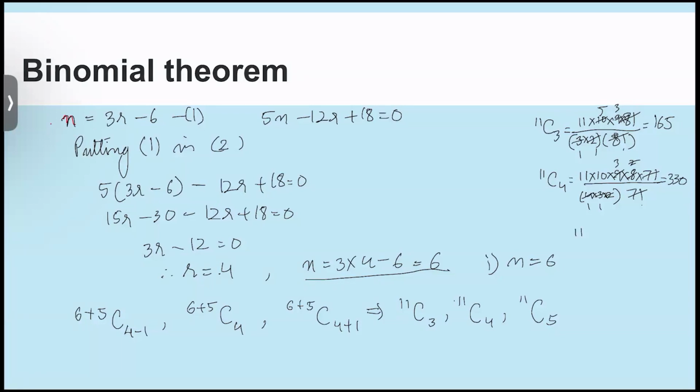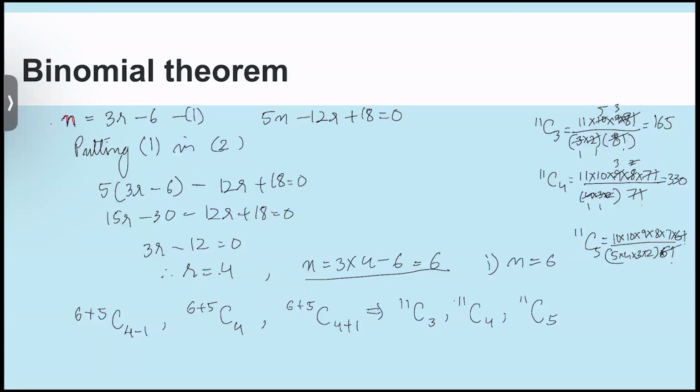And the last coefficient that we have is 11c5. So that would be 5 into 4 into 3 into 2 multiplied by 1, and 11 minus 5 is 6 factorial. So you have 11 into 10 into 9 into 8 into 7 into 6 factorial.